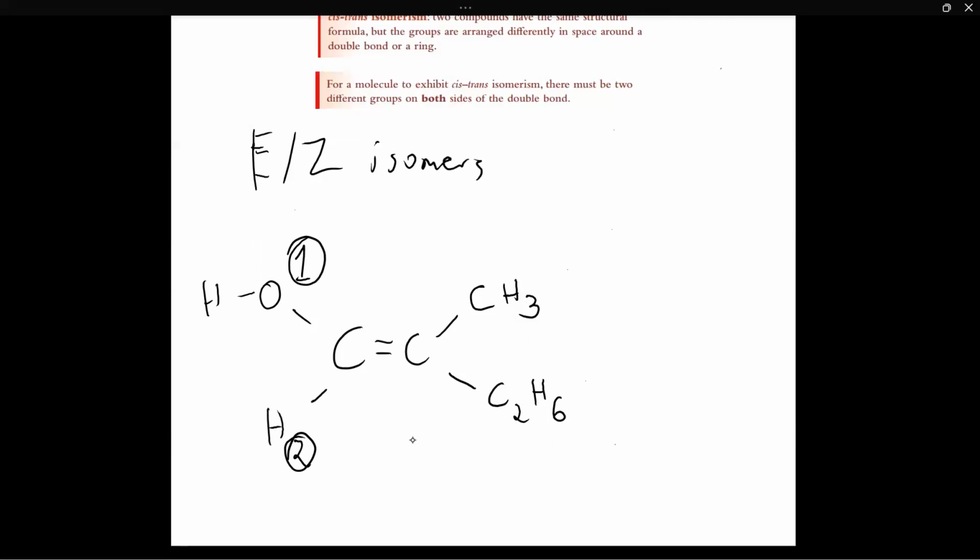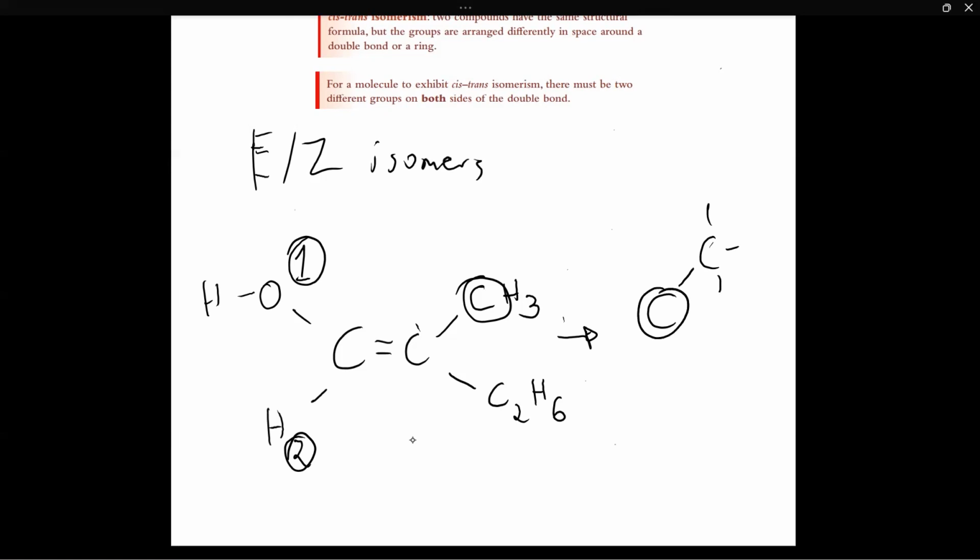Now, what about this carbon? This carbon is attached to carbon, and on the other side, it is also attached to another carbon. How do you make the change? How do you decide which gets E and Z? Well, if you can't, then you move on to the atom which is attached to the current atom. So if I just isolate this and take a look at it, it looks something like this.